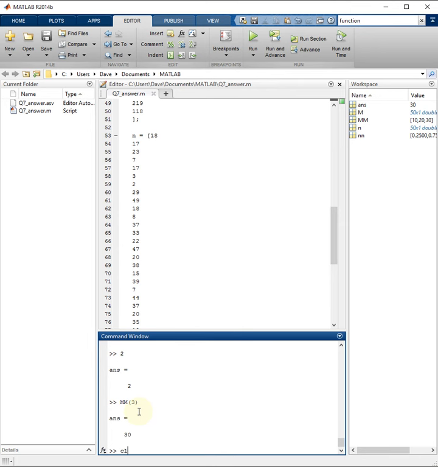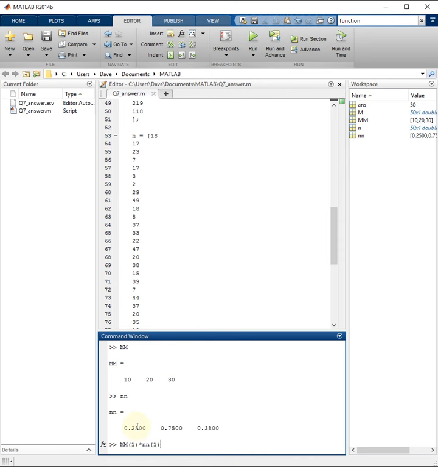So let me just clear things to make it a bit easier. So I've got MM and I've got NN. And so if I wanted to find the mass flow rate of the first element, well, it's MM, the first element of MM, times the first element of NN, the molar flow rate.